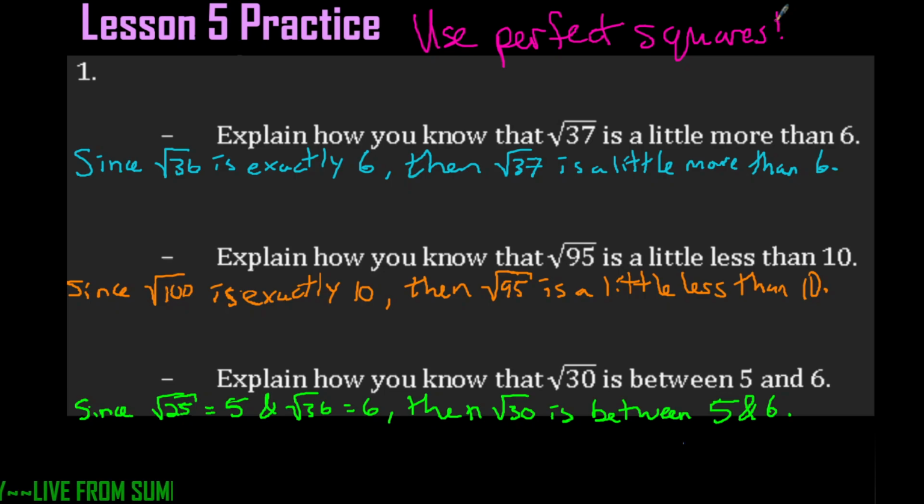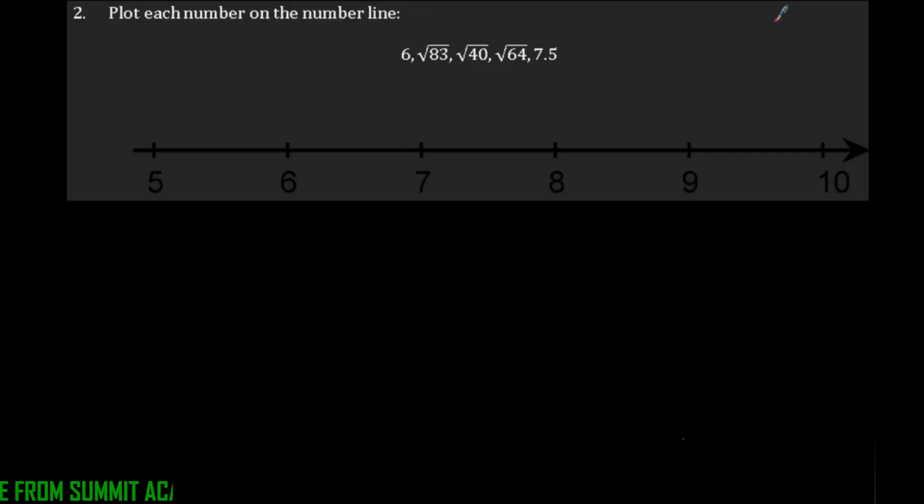All right, in the second part, it says plot each number on the number line. So it gives us 5 numbers. Try plotting those out. Again, use a calculator to get decimals.